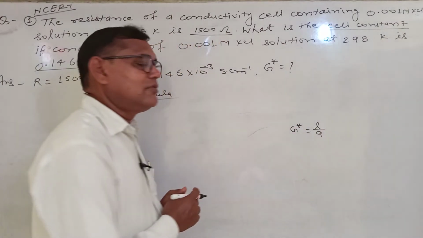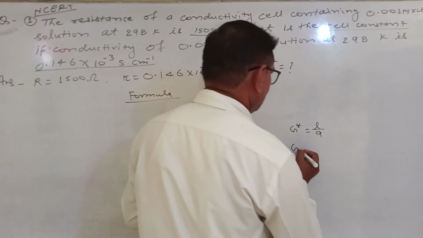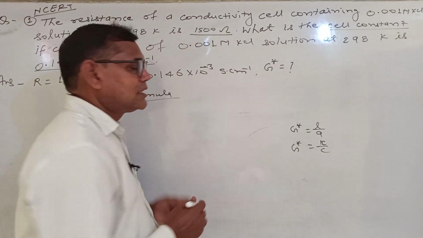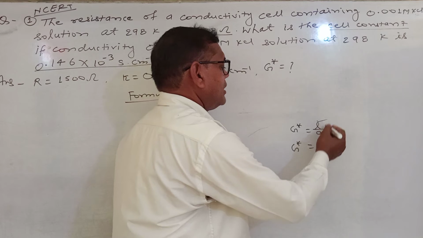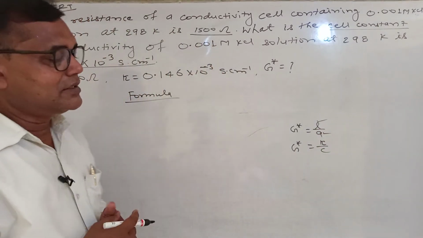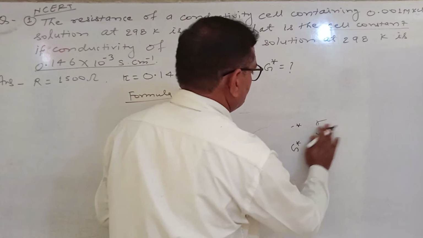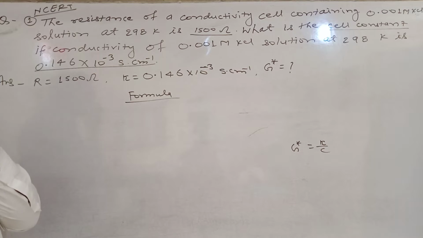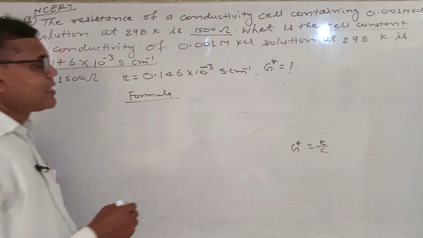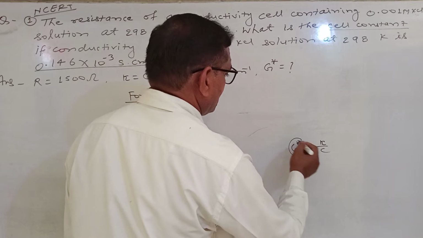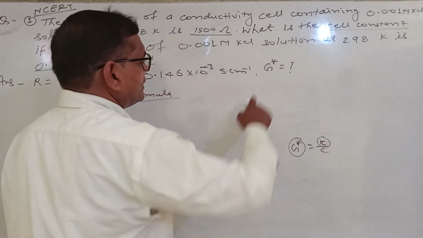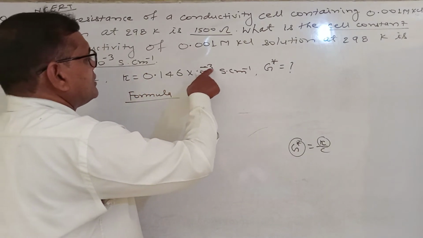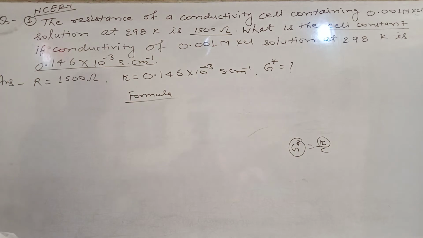First is G star is equal to L upon A, and second is G star equal to kappa upon C. In the question, the values of L and A are absent, so this formula does not apply. We see G star and kappa. Kappa is equal to 0.146 into 10 to the power minus 3 Siemens cm inverse.